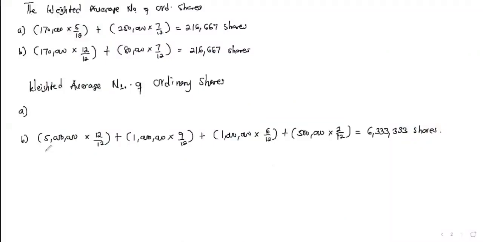Yeah. So we have 1,250,000 plus 1,500,000 plus 2,333,333 plus 1,250,123, giving us 6,333,333 shares. Okay, I hear.